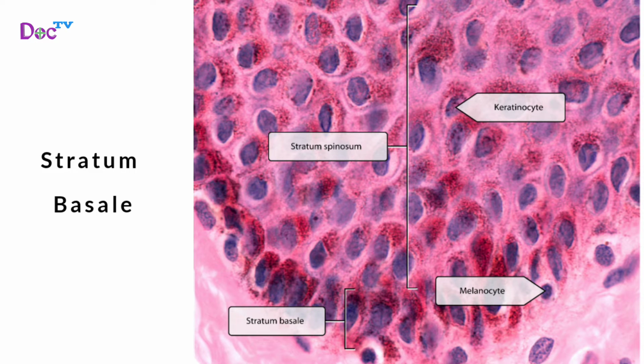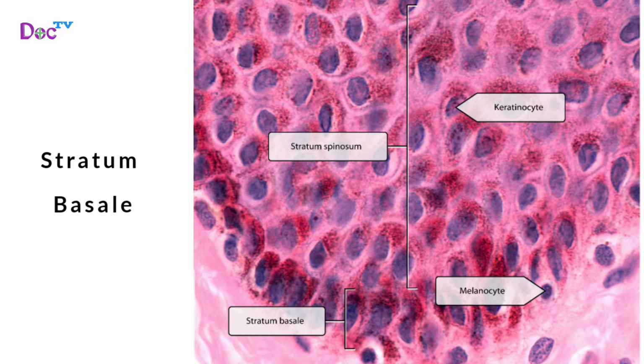The stratum basale is the innermost epidermal layer, composed of stem cells, melanocytes, and Merkel cells. Its single layer of cuboidal or columnar stem cells divides rapidly to produce keratinocytes, which differentiate as they are pushed outward, transitioning into each of the other epidermal layers.